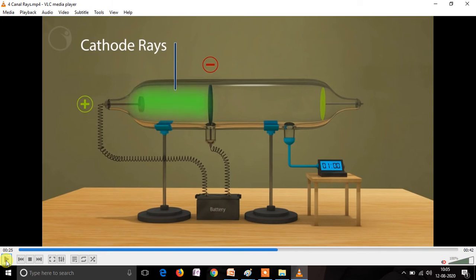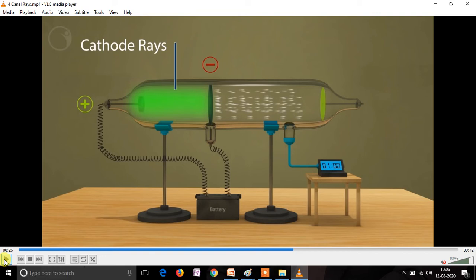It means that some rays are emitted by the cathode. Now, the special thing to be observed in this experiment is, as the zinc sulfide screen is placed beyond the cathode, it should not get any fluorescence.